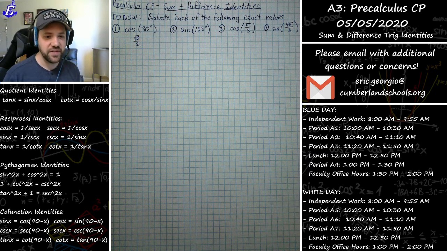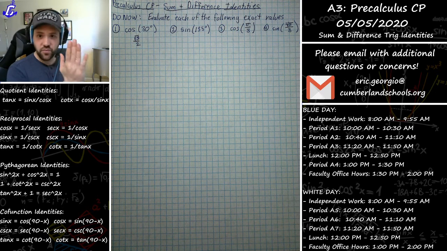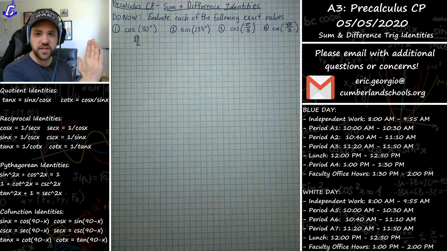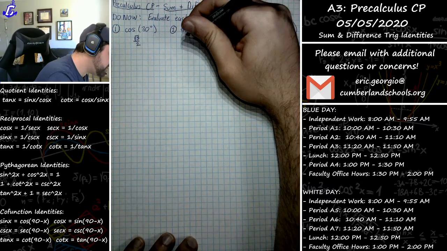Can we get someone to swoop in with that correct answer? Positive root 2 over 2. Absolutely. Why is it not negative root 2 over 2? The cosine would be negative root 2 over 2 because cosine in the second quadrant is negative. But remember, when you're dealing with sine, the first and second quadrants are positive because it talks about y. So this would be positive root 2 over 2.